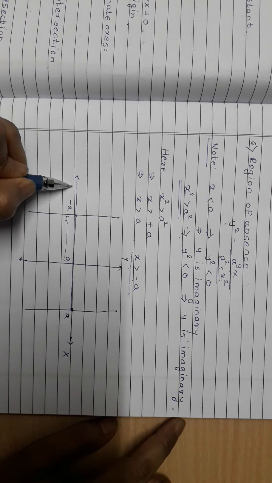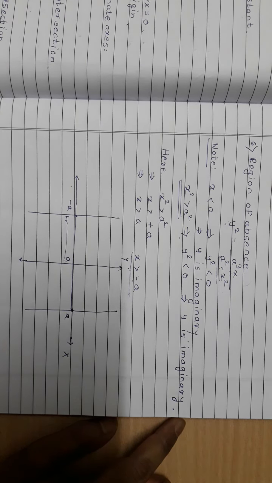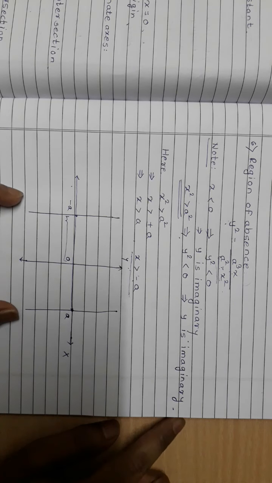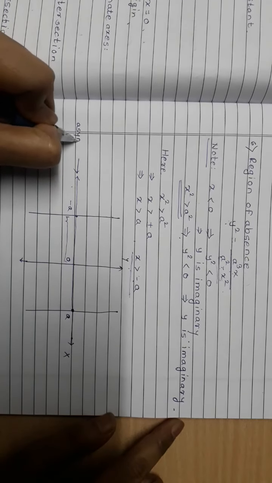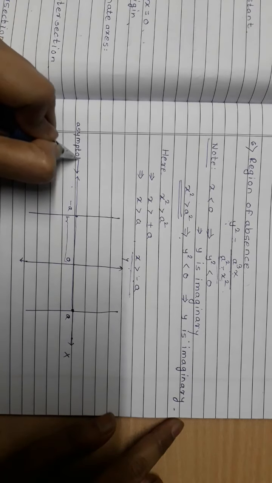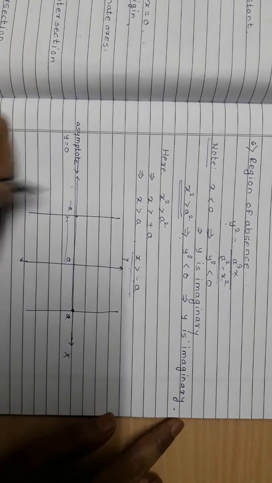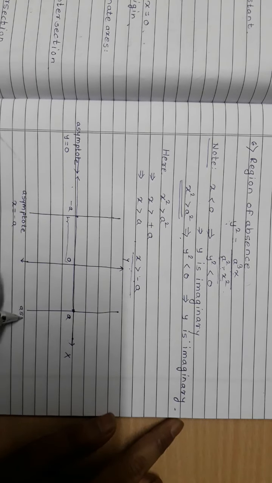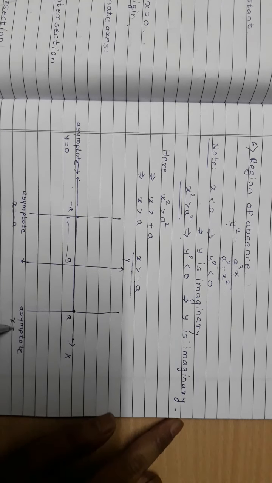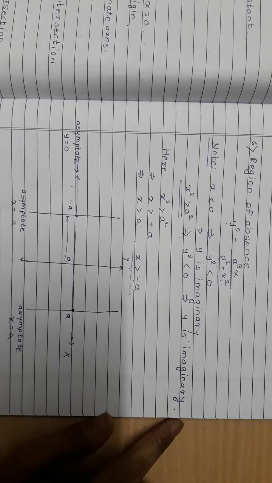And what else I know from here is these two lines are asymptotes, which are parallel to the y-axis. So this is also an asymptote, x equal to minus a, and this is also an asymptote, x equal to plus a, right?